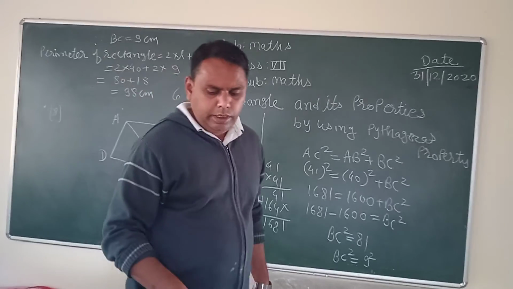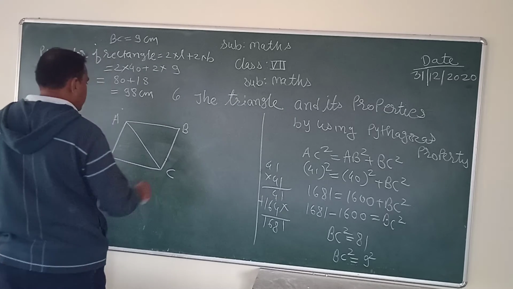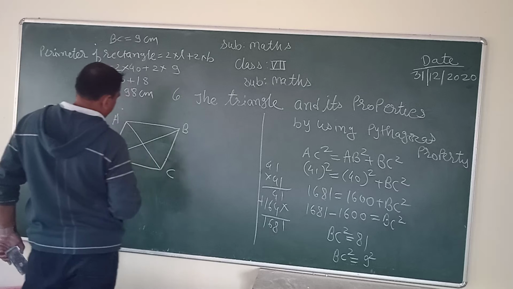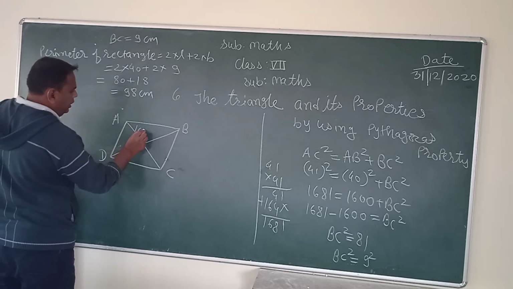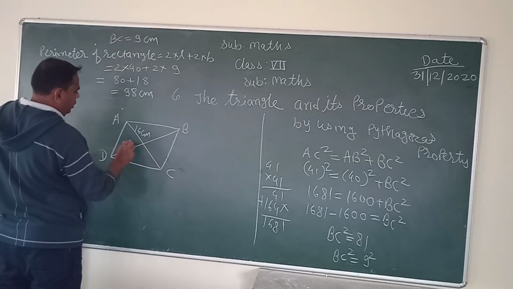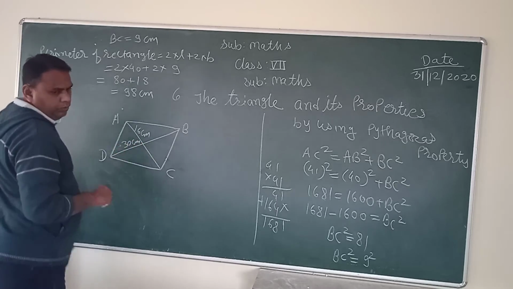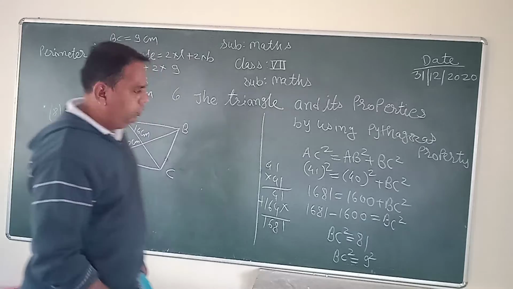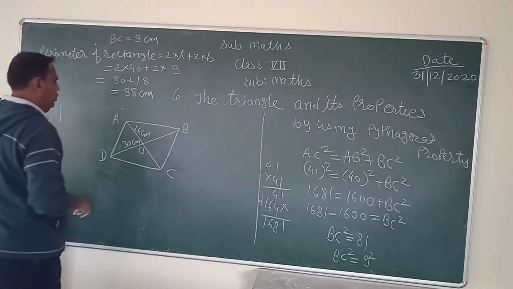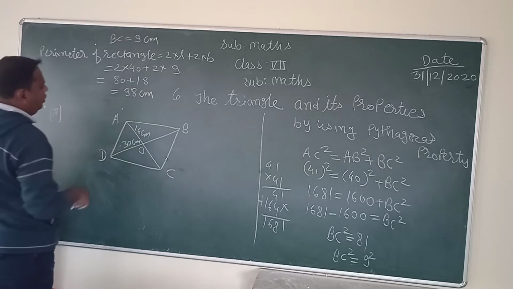Both diagonals, 16 centimeter and 30 centimeter, means AC 16 centimeter and BD 30 centimeter. And this is point O. O is the intersection of these two diagonals.